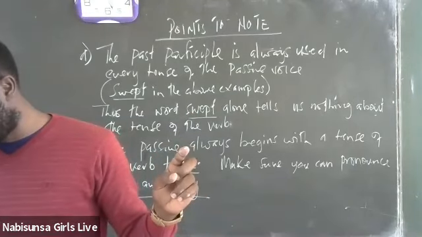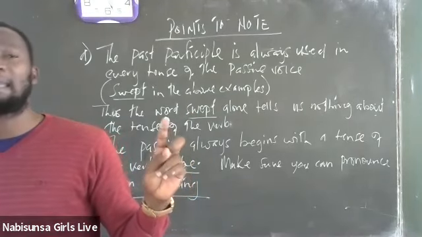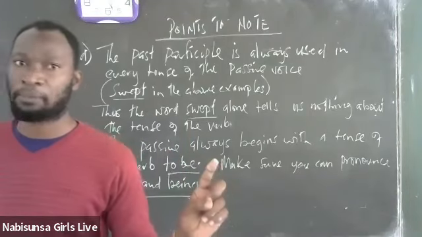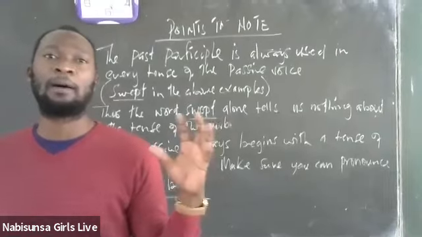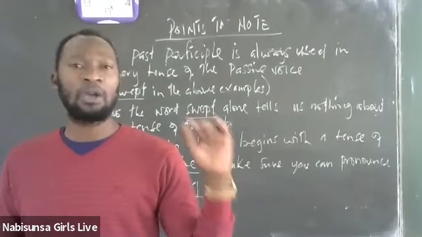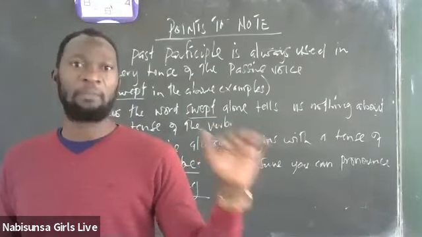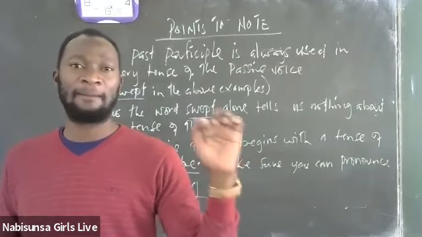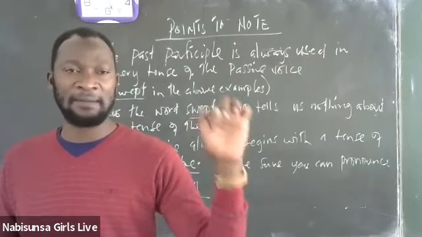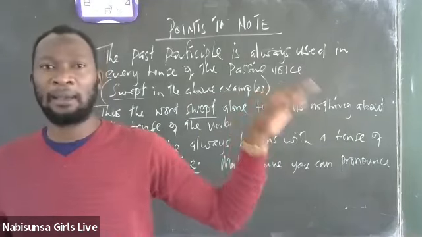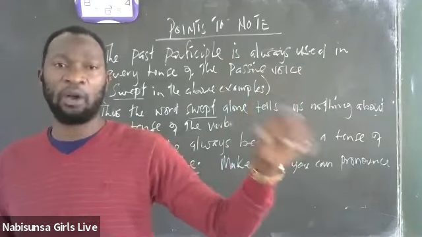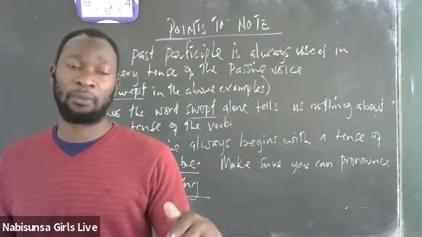And now the passive voice has the room is being swept. So why are we using that past participle? Because that is the principle. The principle is that the verb in the passive voice has to appear in the past participle. So we always use the past participle.